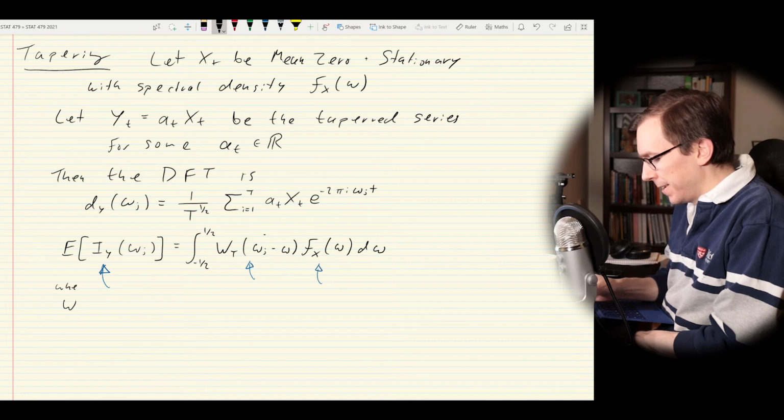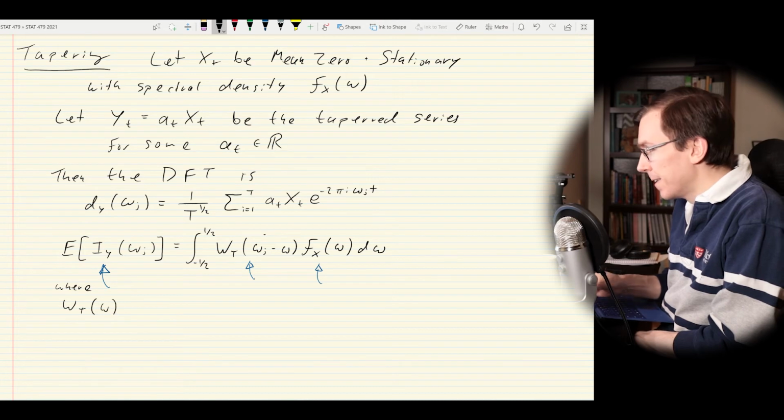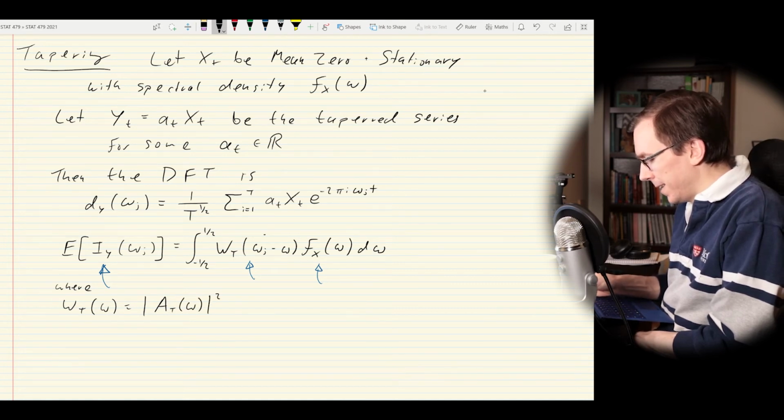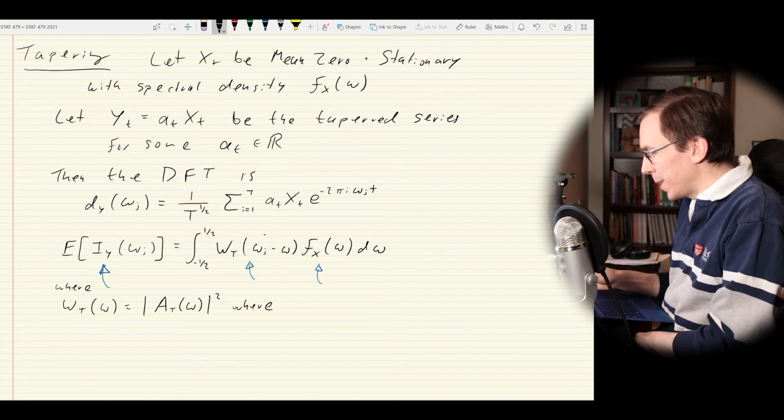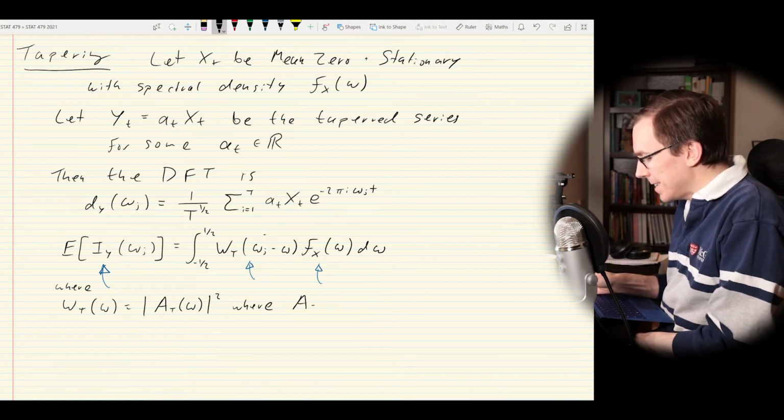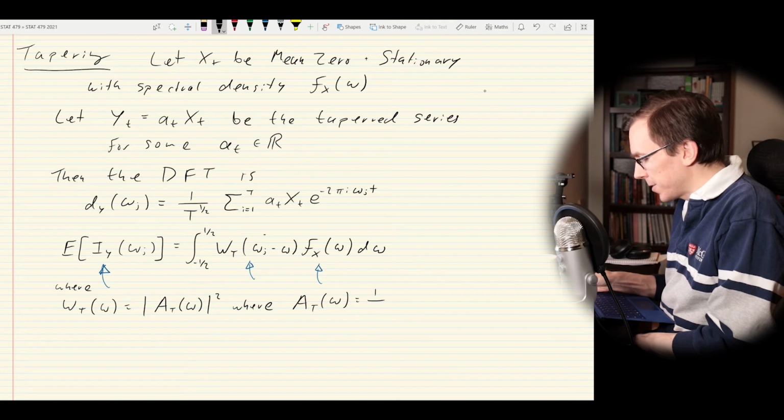We'll say where W_T of omega is going to be the squared modulus of A_T of omega, where, to continue our iterative wheres, A_T is like that thing we had before. It's going to be the discrete Fourier transform of our sequence a_t.